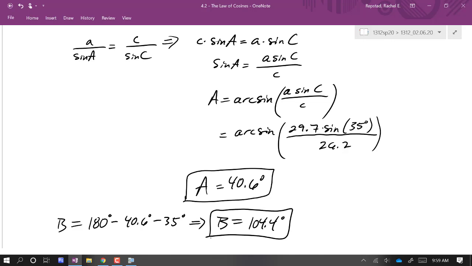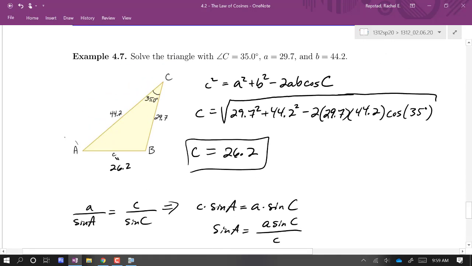If I prefer to use law of sines, great, but that means I really should focus on that angle first. That way, if angle B is obtuse, I'll still find it by subtracting from 180. Questions?